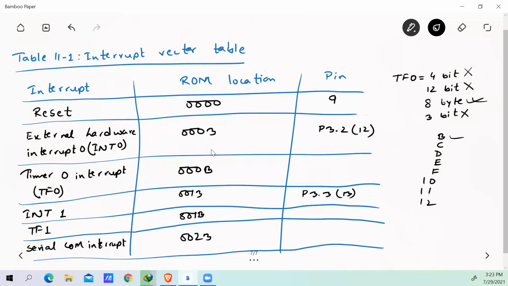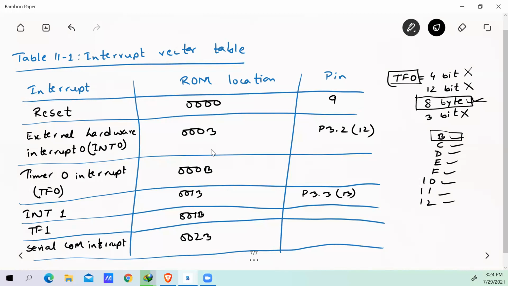So how many did we get? 1 2 3 4 5 6 7 and 8. And the size of each memory location is 1 byte. We know this, right? Yes, sir. So we have got a total of 8 bytes of memory reserved for TF0.